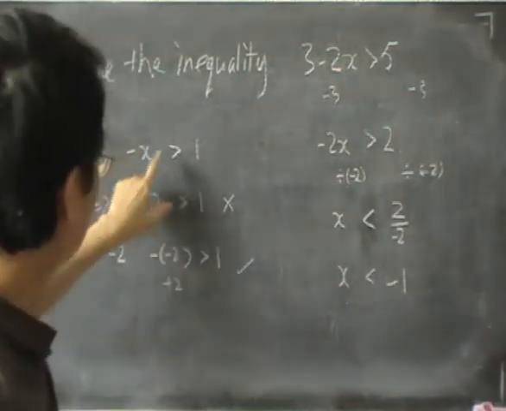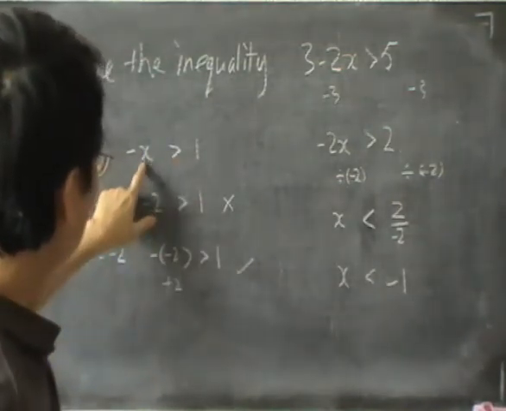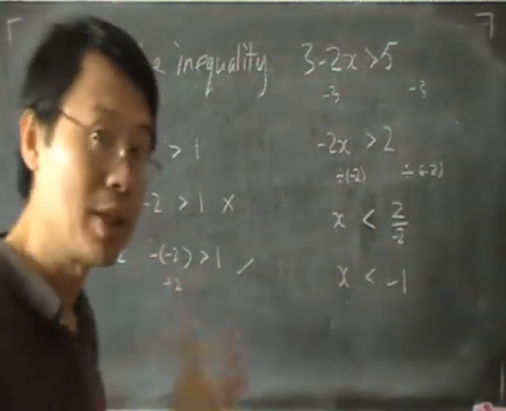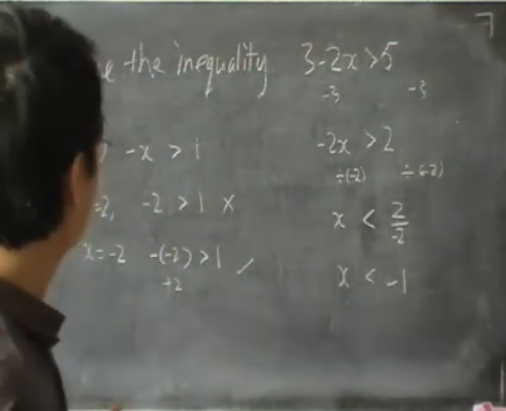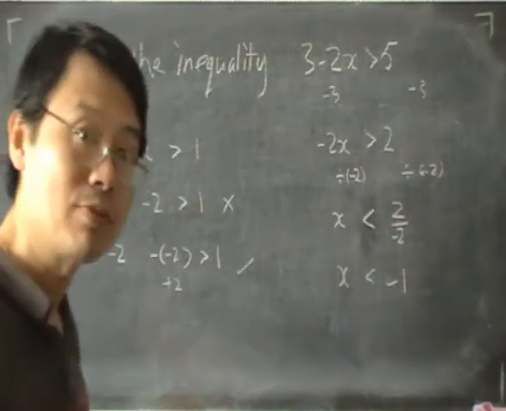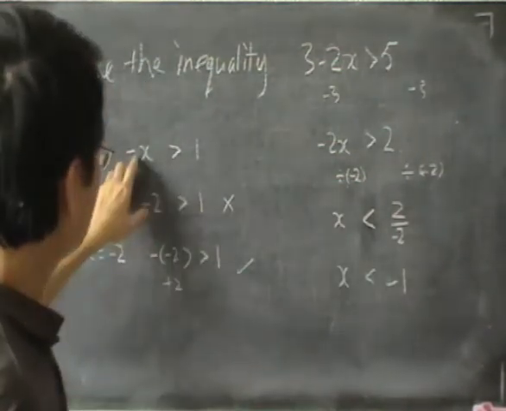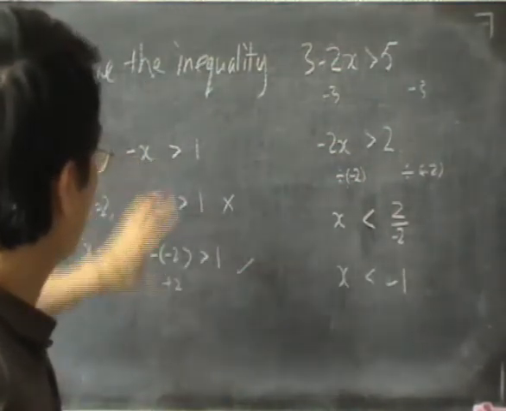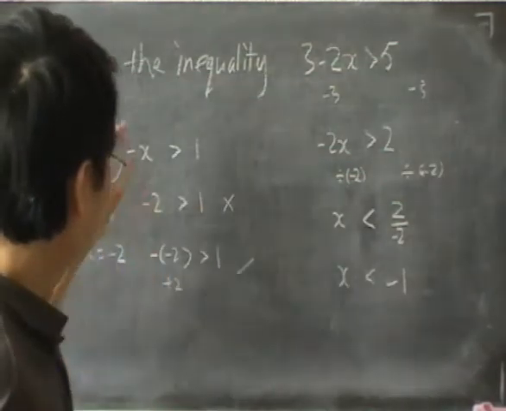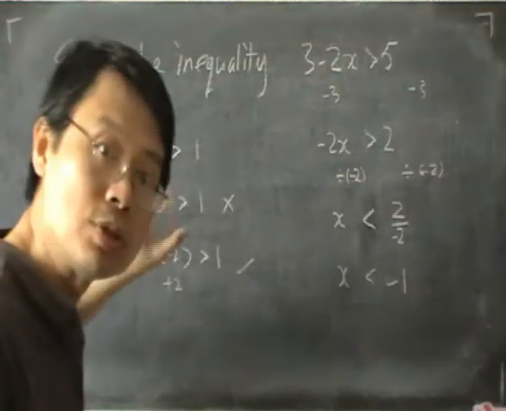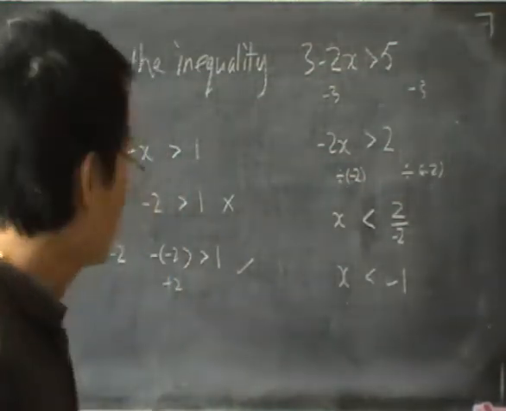Alright, where I have minus x is more than 1, x is not a number that's more than 1. X is actually a negative number. That suggests that the minus sign actually gives us an inequality where x should be smaller rather than bigger.